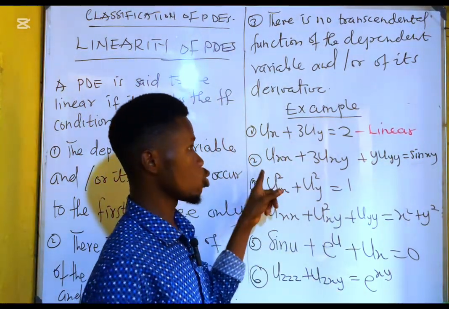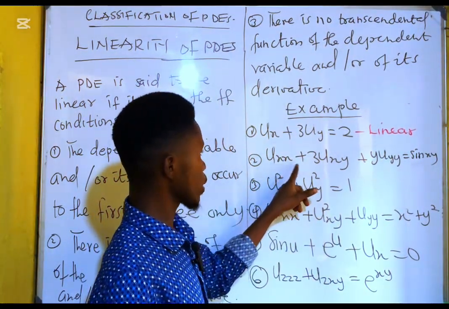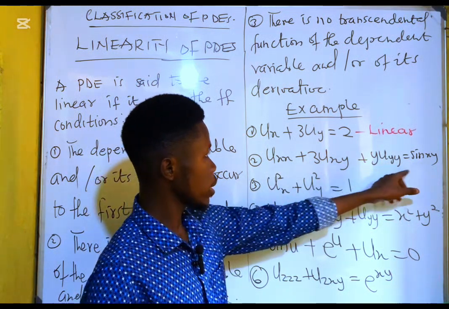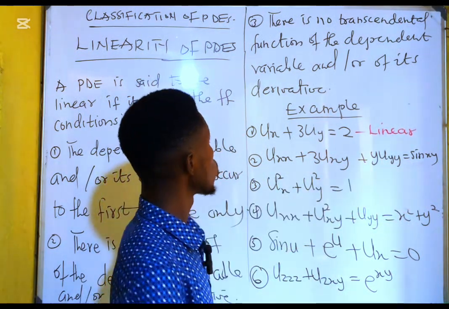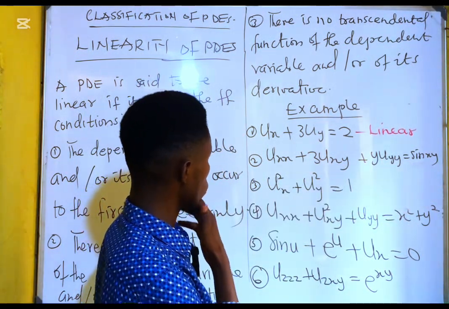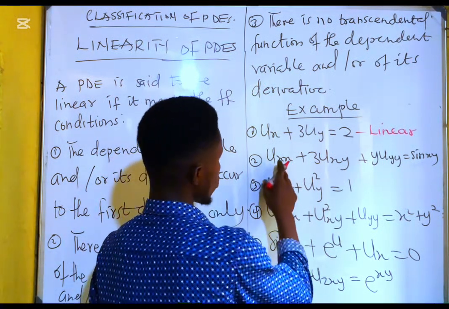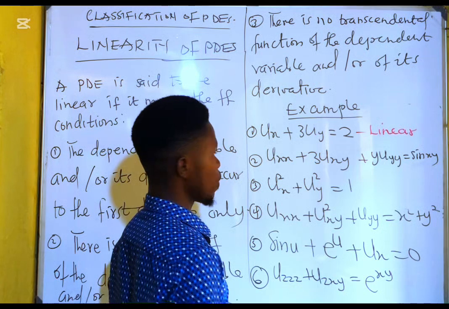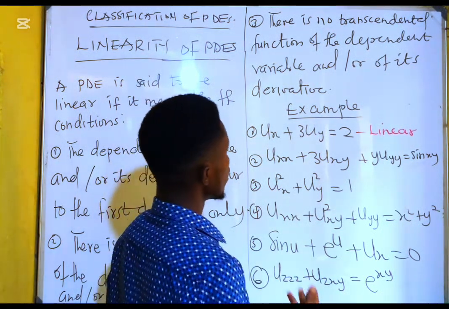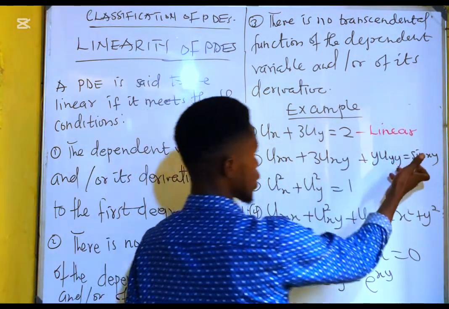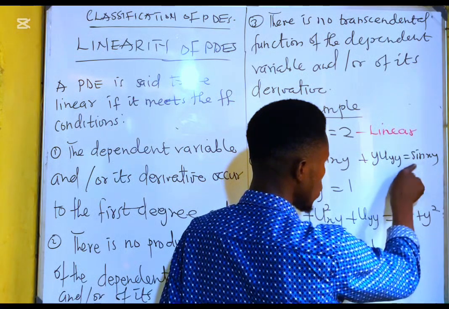Now let's look at the second one: ux plus 3uxy plus cosine xy. Will this one be linear or non-linear? This will be linear because there's no product of the dependent variable and its derivative. There is no transcendental function. I've already said, in this sine xy, there's no dependent variable there.